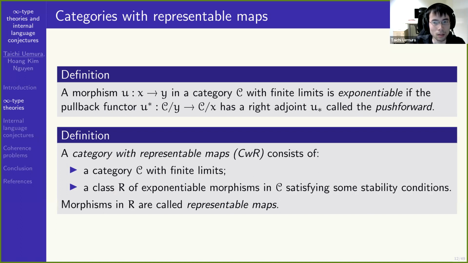Okay, and a category with representable maps, CwR in short, consists of first of all a category, for which I require finite limits, and also a class of exponential morphisms in C, and they require some stability conditions like stability under pullback and so on. The morphisms in R are called representable maps. So it is essentially a category with finite limits and a class of exponential morphisms.